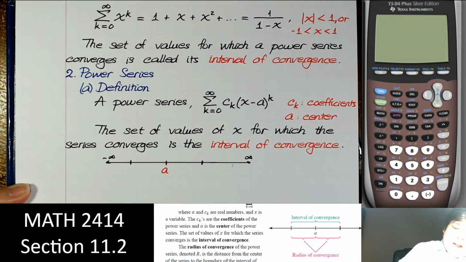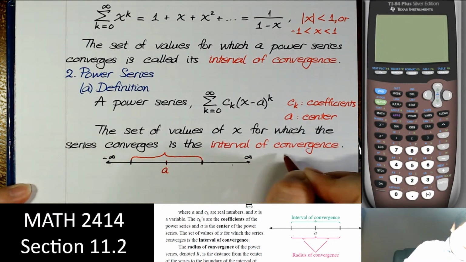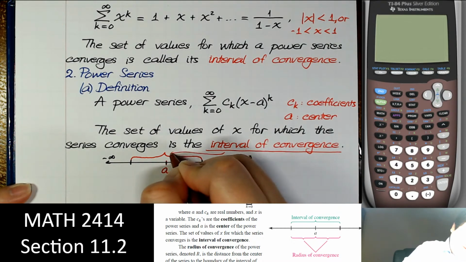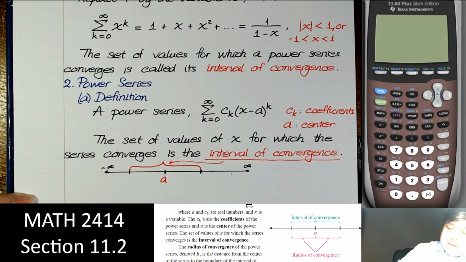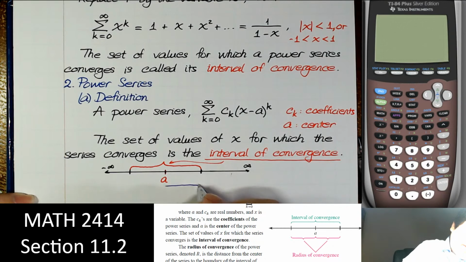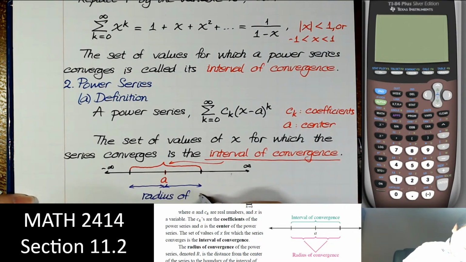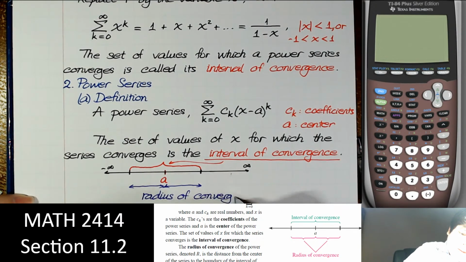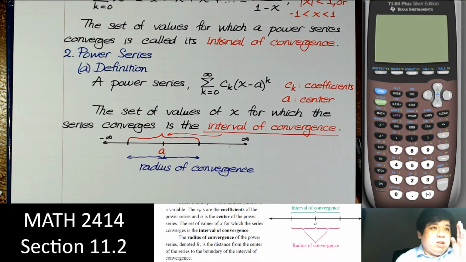So if we have the whole interval of convergence be that much, then each one of these distances is called the radius of convergence, which is from the center to the edge of the interval of convergence.